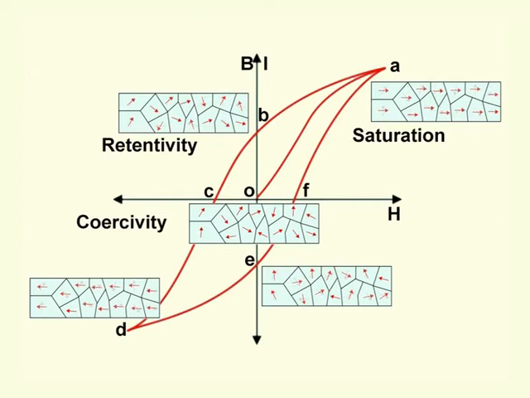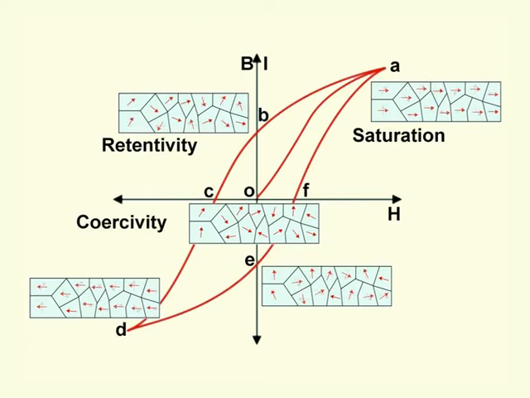Now, in order to reduce the residual flux density or retentivity in the material to 0, it is necessary to apply H in the reverse direction. This can be done by reversing the current in the toroid. When H is gradually increased in the reverse direction, the curve follows the path BC.